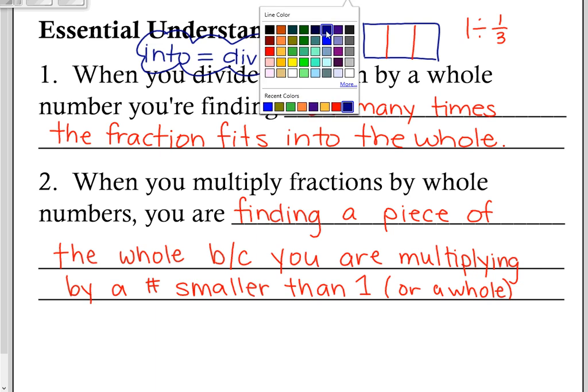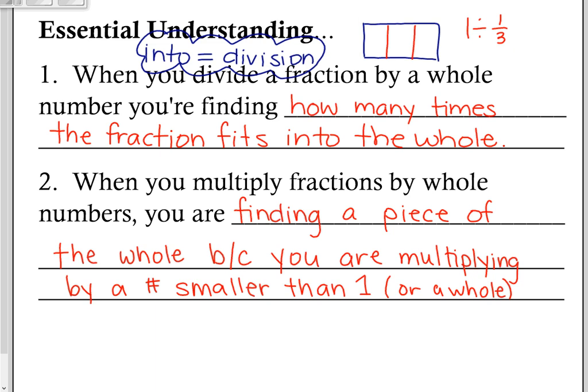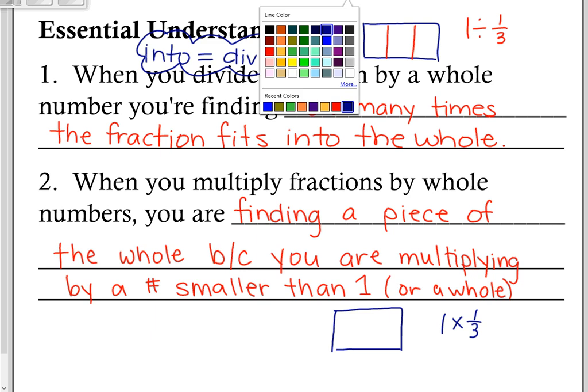Now, when I'm multiplying, let's say I have a whole, and I'm going to take that whole and I'm going to multiply it by a third, you are finding what piece of the whole does that represent. And let me get a different color really quickly.